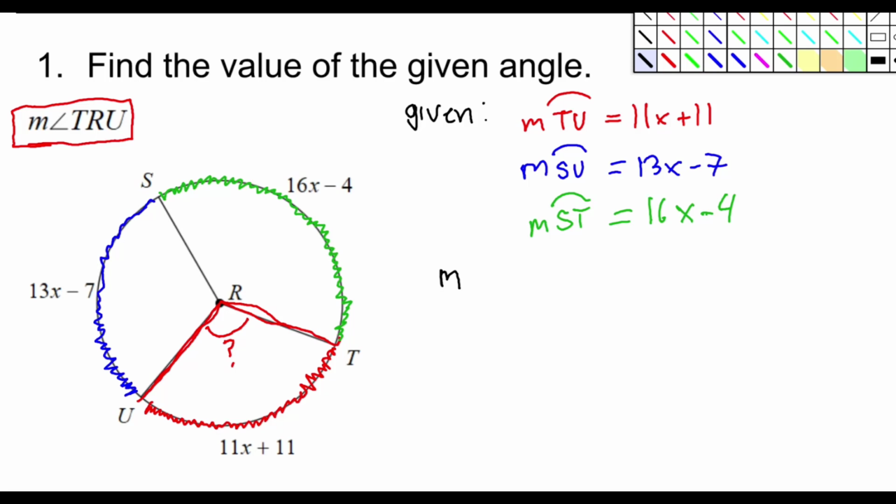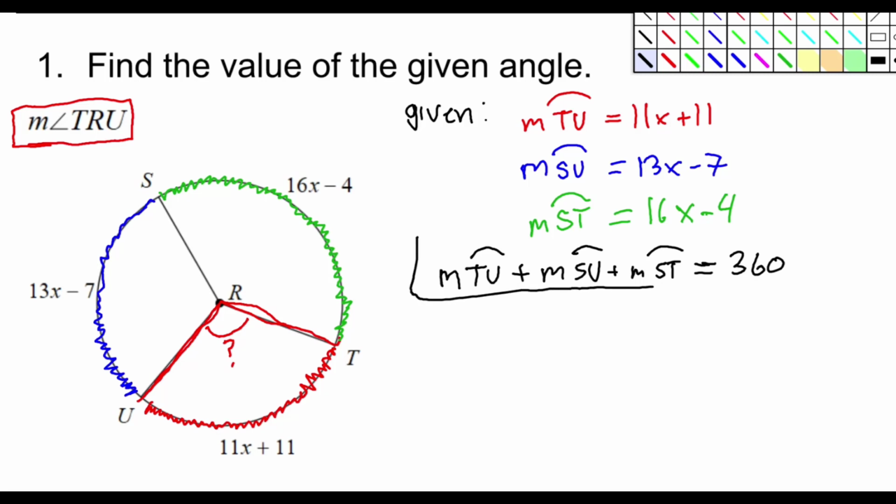The measure of arc TU plus the measure of arc SU plus the measure of arc ST, they have to add up to the same number every single time. So think about that. What will these arcs add up to? Well, I know it's equal to 360 degrees.